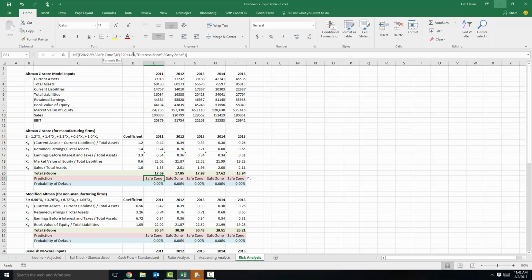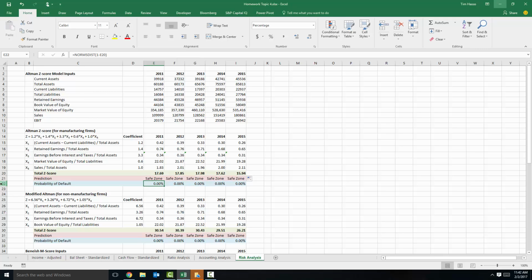If it's, on the other hand, below 1.81, it's in the distress zone, so it means that it's probably in some form of financial problems. And if it's neither of these, or in between these two values, it's in the gray zone. So in this case, we can see that H&M is in the safe zone.